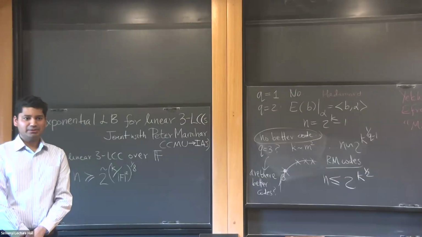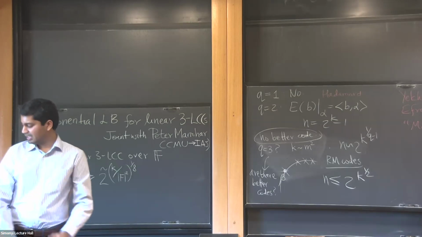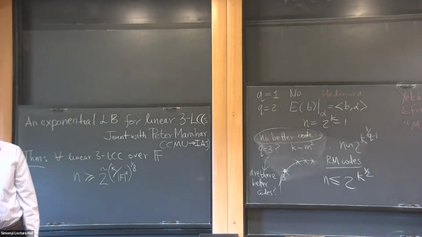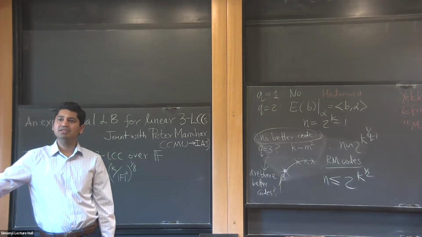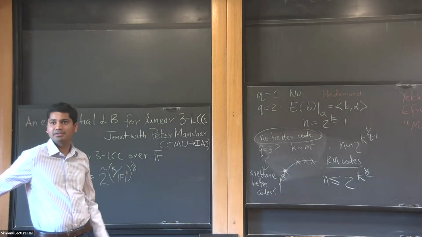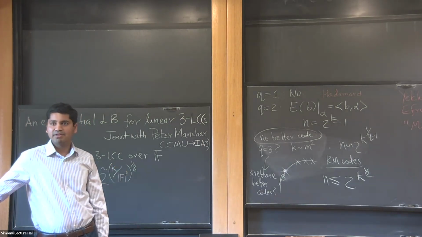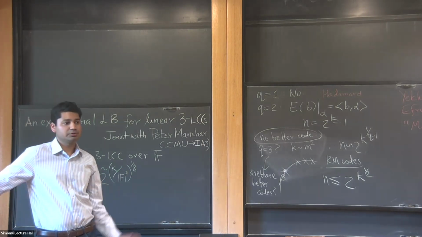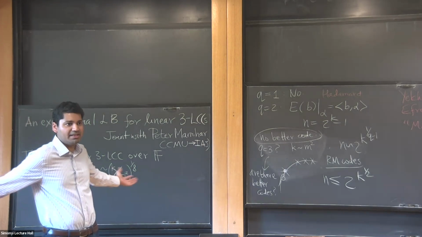Yeah, it's a great question. It's an issue with the technique we have at the moment. In some sense, at the heart of it is some kind of a reduction from large fields to small fields. And that reduction loses this quadratic thing that we have over there. It's not clear that's the best way to do it. I don't know. So right now, this exponential thing only makes sense for small fields.